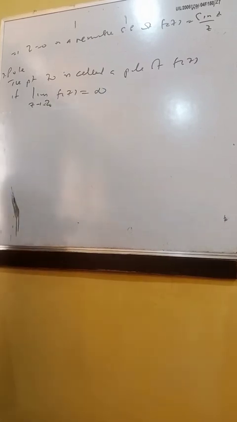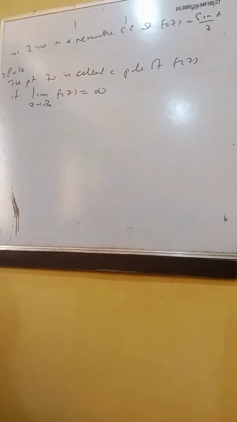You know that infinity also is an undefined value. There's nothing like infinity. It's extremely big, but how big we cannot say. So when you have that one, then we say that z0 is a pole.